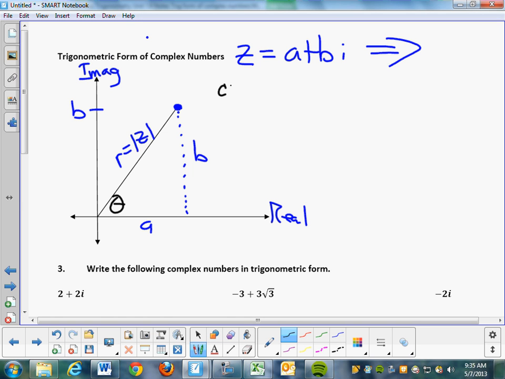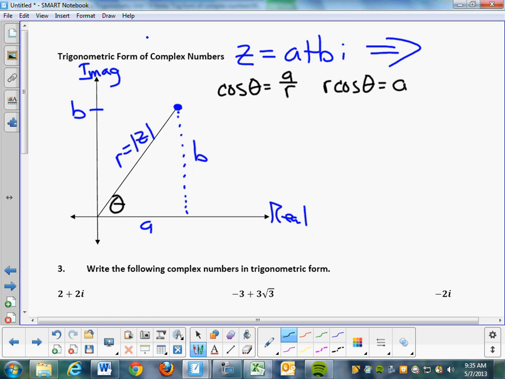Can you tell me what is cosine of theta equal to? A over r. So would you agree that I could then rewrite this as r cosine of theta is equal to a? So now I've gotten rid of a, right?